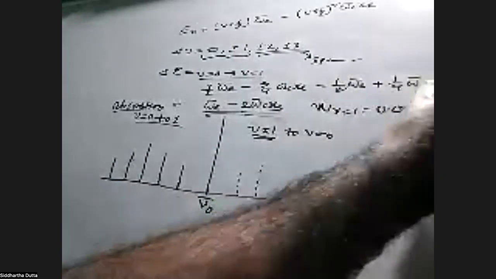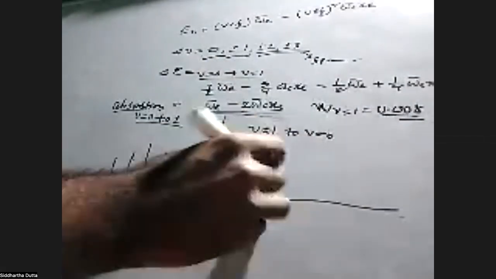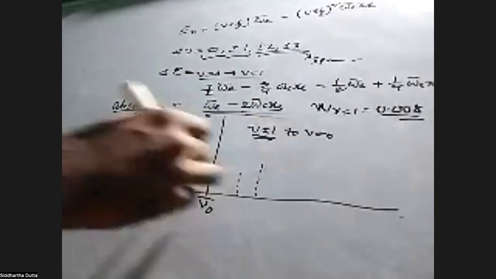From the calculation we saw that the population in the v equal to 1 level is 0.008 of v equal to 0, so very low population, and the intensity of the lines will be very low.